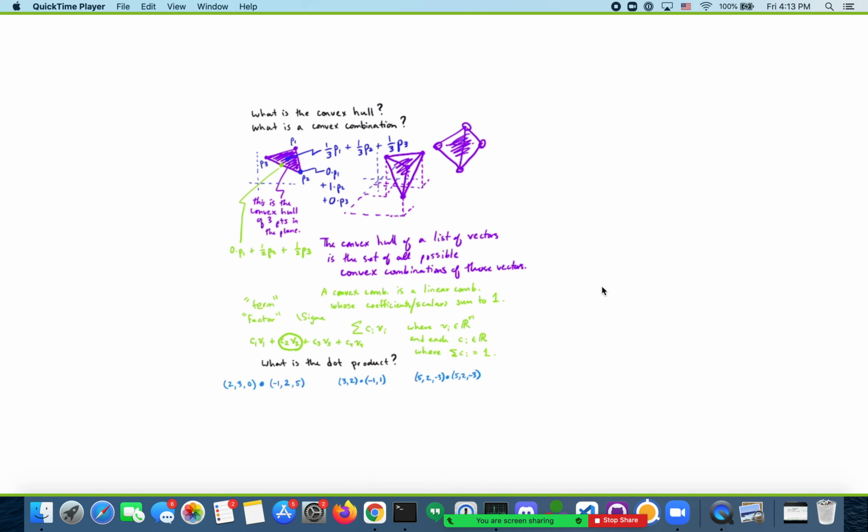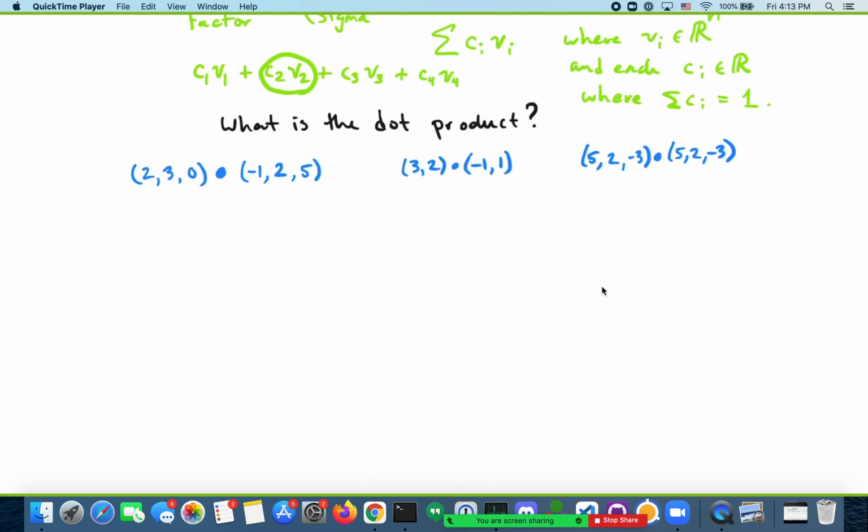Let's do the next one. What is the dot product? So here I have a vector in R3 and another vector in R3, and I'm dotting them. So what do I do? I take 2 times minus 1, and I add 3 times 2, and I add 0 times 5.